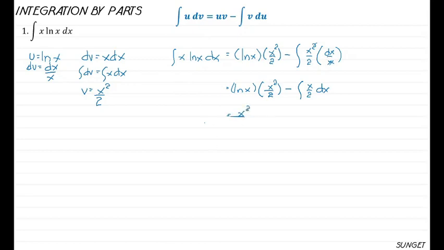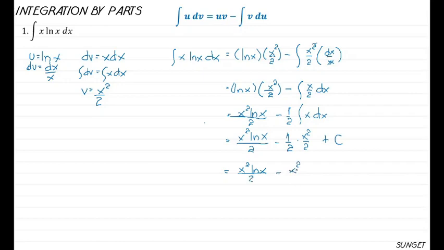So we have x squared ln x over 2 minus, using the constant multiple rule, 1/2 times integral of x dx. Then x squared times ln x over 2 minus 1/2 times integral of x dx, which is x squared over 2 plus c. Simplify. So x squared ln x over 2 minus x squared over 4 plus c.